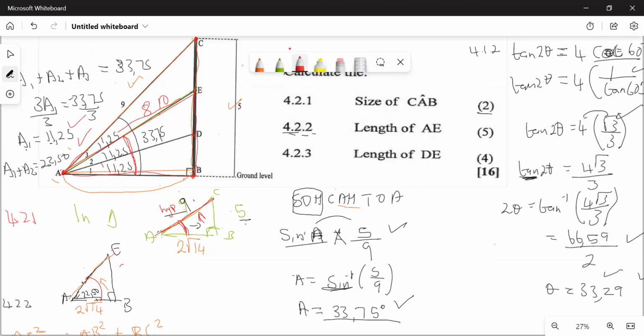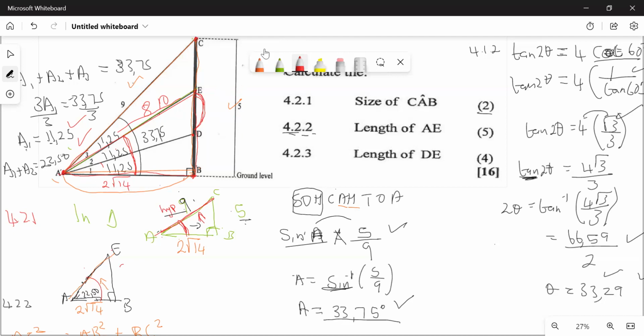Who's next? Let's take Homoto now. We're looking for DE, this part here. Let's write all the things that we have. We know this one to be 2 root 14, and we're looking for this one here.